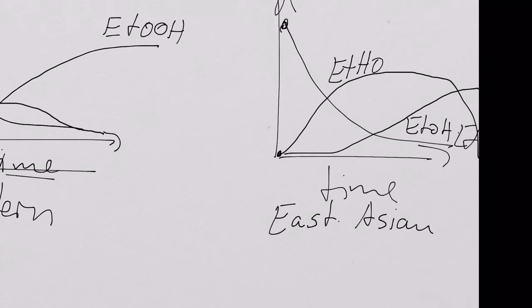The reason for that is because you find that the acetaldehyde dehydrogenase, there's an isoform in predominantly Japanese and East Asian people that is less active in catalyzing this reaction. As a consequence, they have higher levels of acetaldehyde, which is toxic for them. So they get immediately drunk.